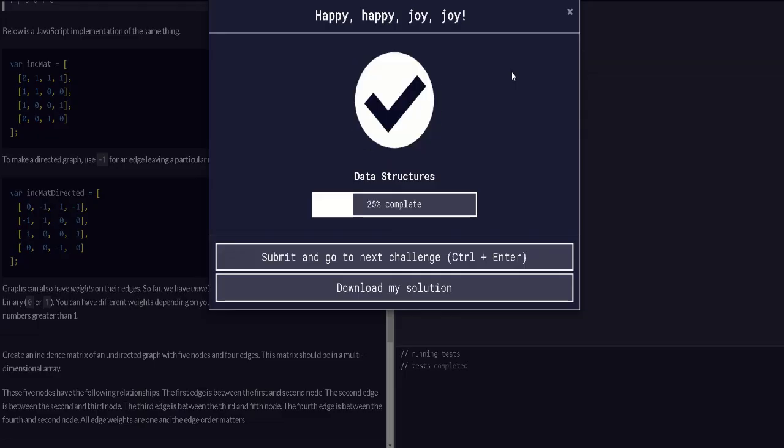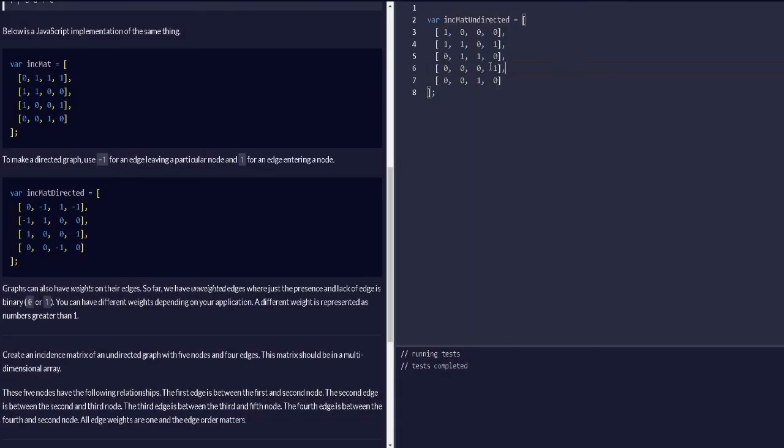Control and enter, and it worked perfectly. And let's see if we can make sense of this. For example, the fourth edge is between the fourth and the second node, right? Oh, okay. If we put number 1 right here, then that will be like the third and the second node, and this right here.